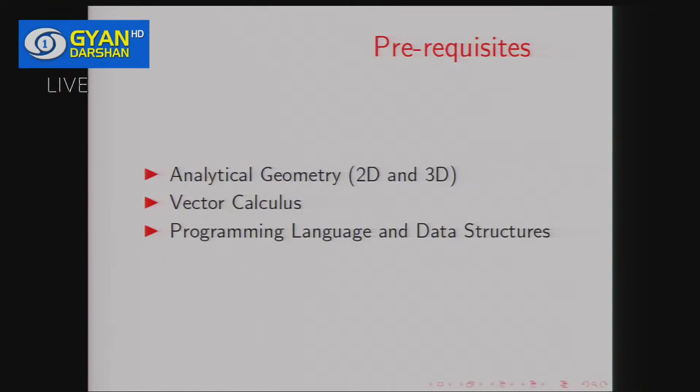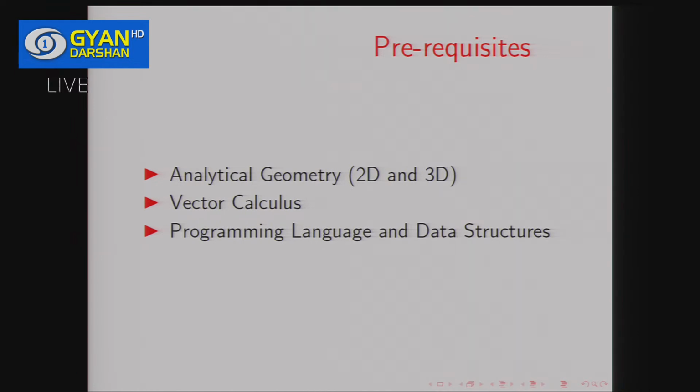So what are the things that you need to know before learning this course? Some basic knowledge about analytical geometry is needed, because for 2D and 3D transformations you will need a lot of use of these things.